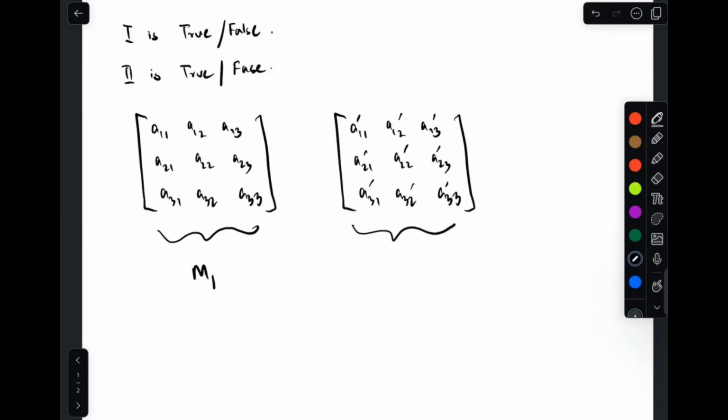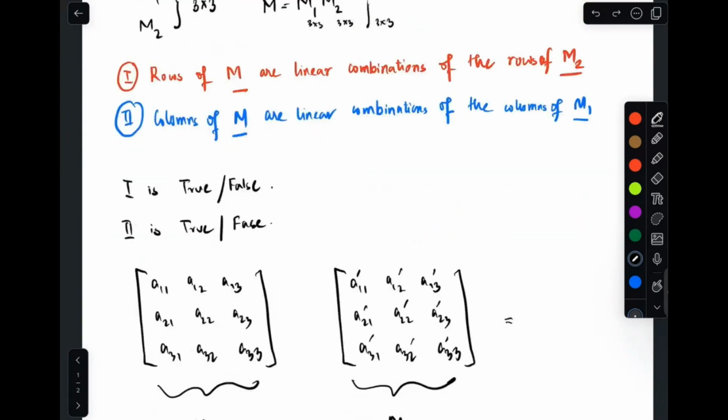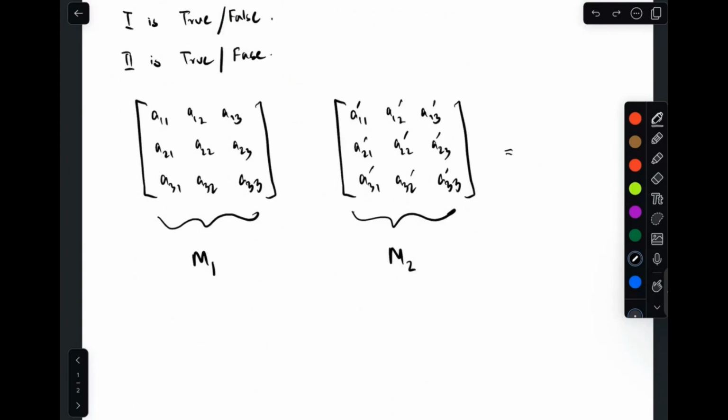This is M2, and then you multiply it and you get a result of the A dash IJs and the AIJs, and correspondingly comment on the truth of the statements above. As you can see, you can surely get the answer from there. That is one way out. But this is clearly not an elegant way out.